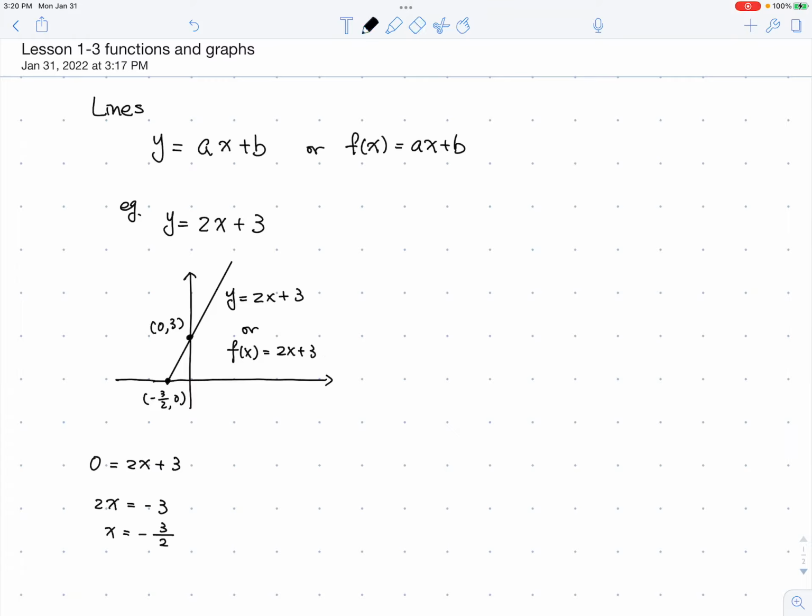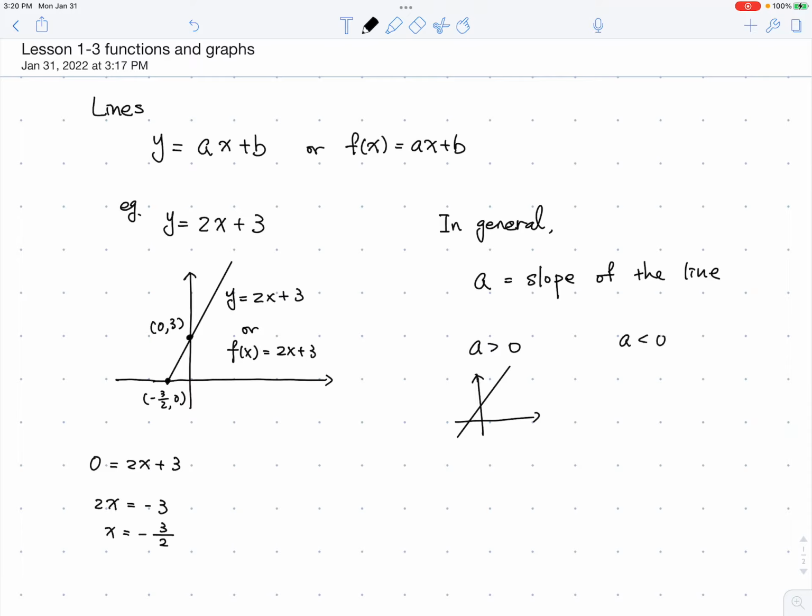Okay, so in general, the coefficient a gives you the slope of the line. So when the slope is positive, the line goes up like this.